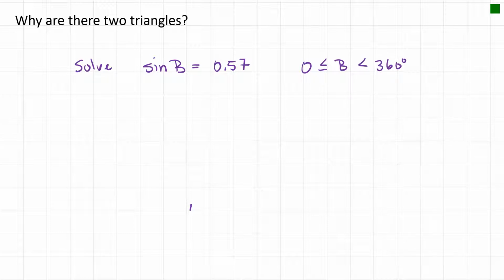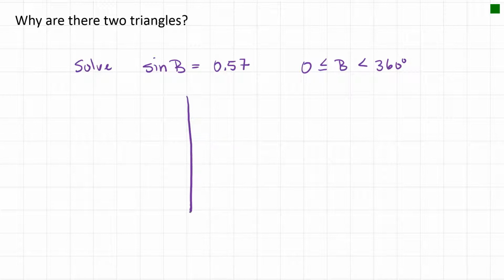So what's with the two triangles? How did we get that? Well, if we think back to solving sine equations from very early on in this unit, if I asked you to solve the sine of b equals 0.57, where b can be anywhere between 0 and 360 degrees, how many answers can I have?